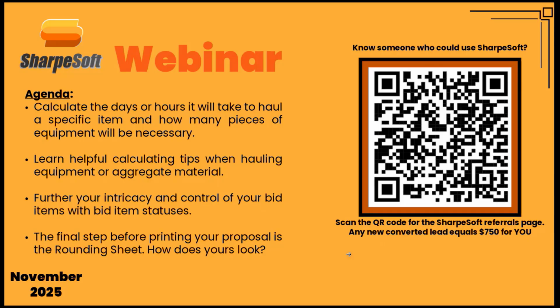Further, your intricacy and control of your bid items with bid item statuses, so we're going to be digging into that a little bit. And then finally, the final step before printing your proposal is the rounding sheet. How does yours look? We're not going to do a deep dive into the rounding sheet, just introduce that topic, and then we will do a deeper dive into the rounding sheet in a future webinar.